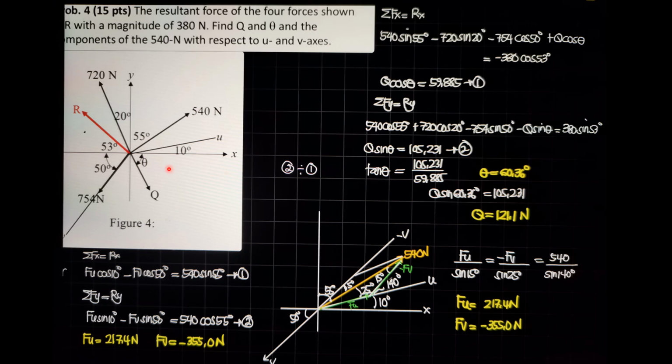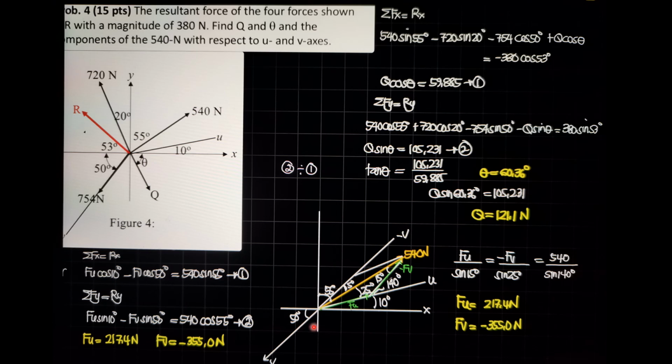First, we have here the U axis. This is the V axis. Then this is the negative of the V axis. So the U and the negative V axis would now be closer to the 540 Newton force. So this is 50 degrees, the angle that the V-axis makes with the X-axis horizontal.